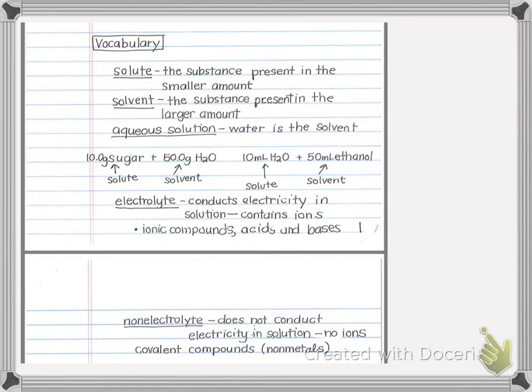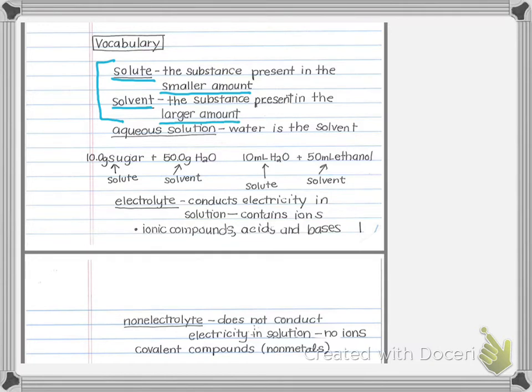So when we're talking about the vocabulary, there's two components that we discuss. There's the solute, which is the substance present in the smaller amount. This is usually what's being dissolved. And then there's the solvent, which is present in the larger amount. This is usually what's doing the dissolving.